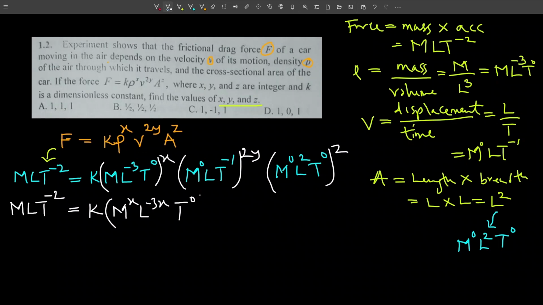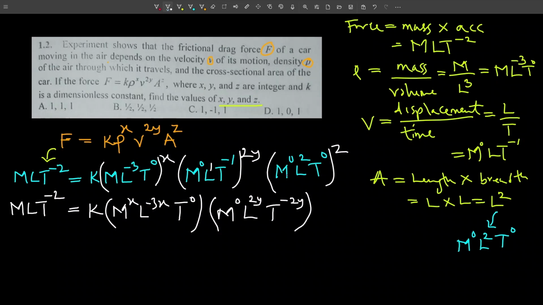I think that's clear. Then in the second part, we have 2y, we multiply 0 to become 0. So we're still going to have m raised to the power 0, L raised to the power, we have an invisible 1 here, so 2y times 1 will still give me 2y. Then t raised to the power minus 1 times 2y will give me minus 2y.